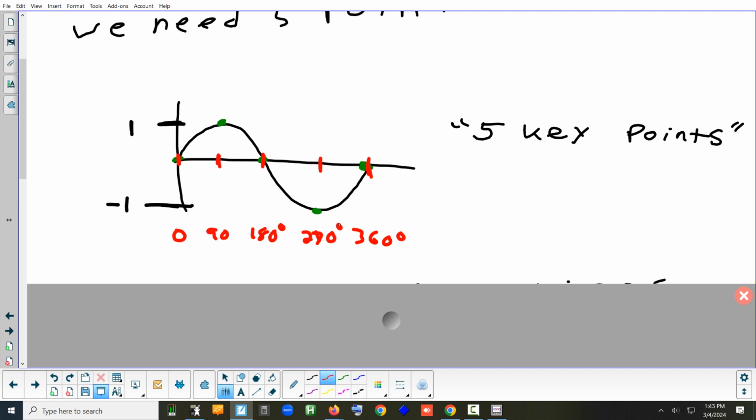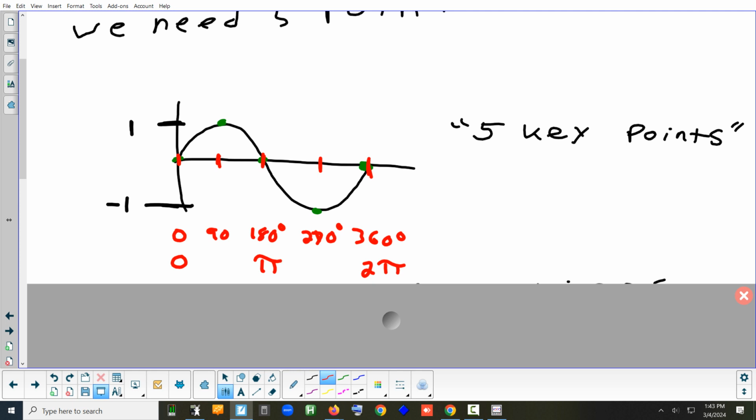Now, we're going to be doing it in radians. So let's write these down in radians. What's 360 degrees in radians? 2 pi. So that's 2 pi. What would be halfway? Pi. So that'd be 1 pi. What's halfway between 0 and pi?